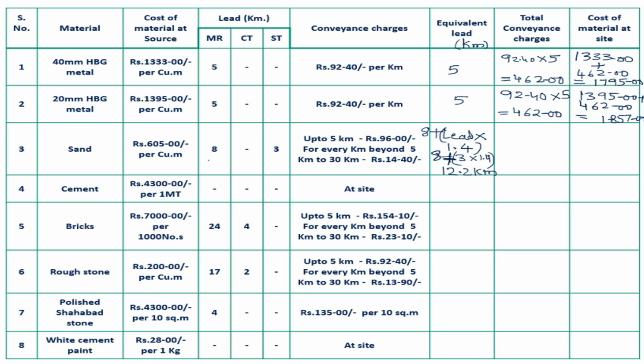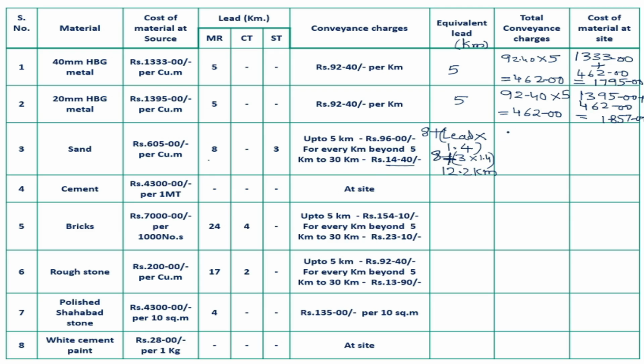Its total conveyance charge is calculated from these two columns of data. Here conveyance charge is given for different kilometers. There are different rates. Up to 5 kilometers, the conveyance charge is 96 rupees. For every kilometer beyond 5 kilometers and up to 30 kilometers, it is 14.40 rupees. The equivalent lead is 12.2 kilometers.